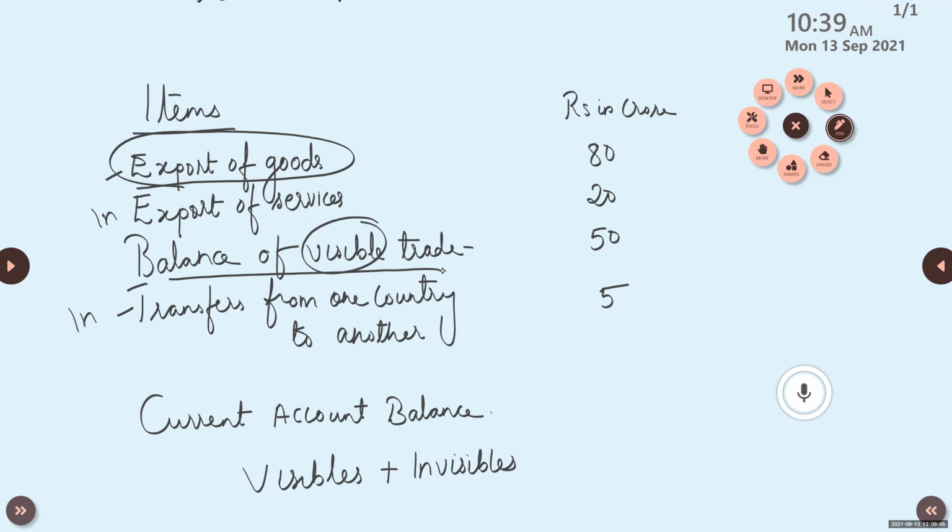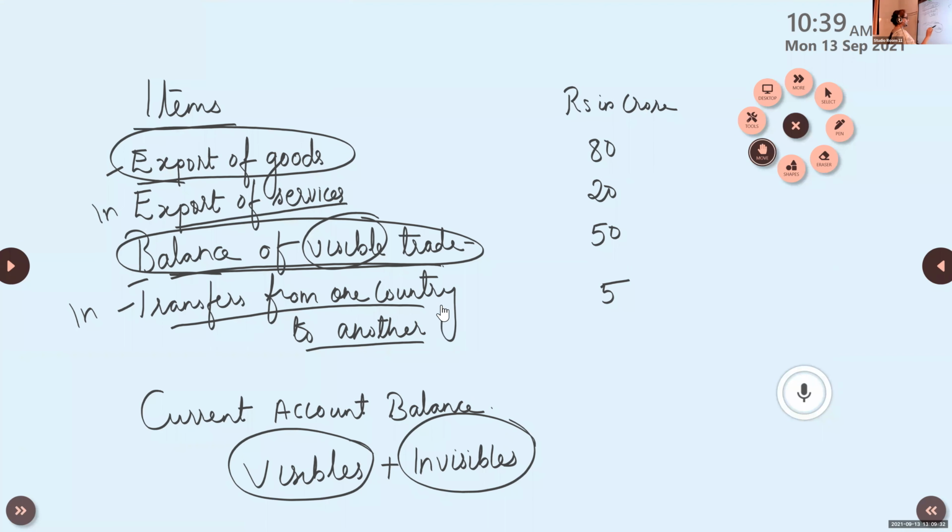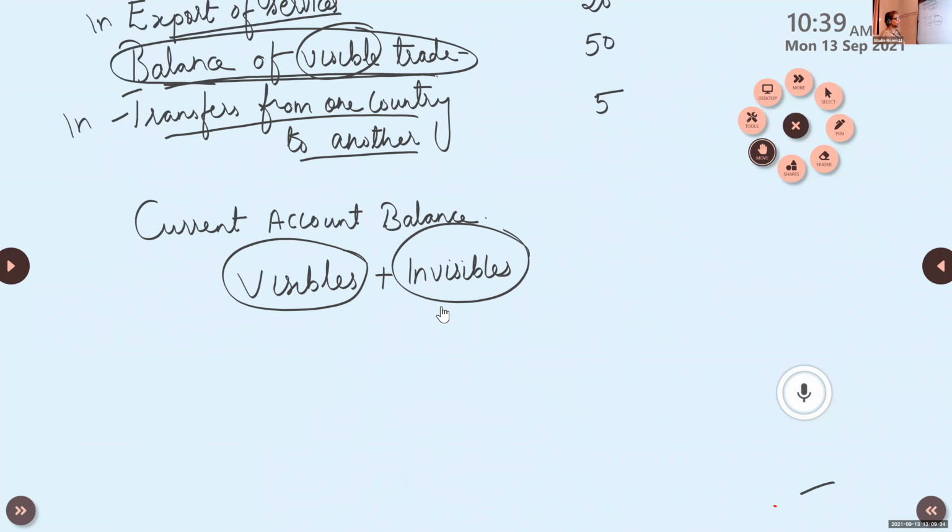Transfers from one country to another also come under invisible. So you got two things for invisible. For visible, directly they have given the balance of visible trade, so that can be included in the visible. So at last, when you add visibles and invisibles together, you will be getting the current account balance. Now find out.